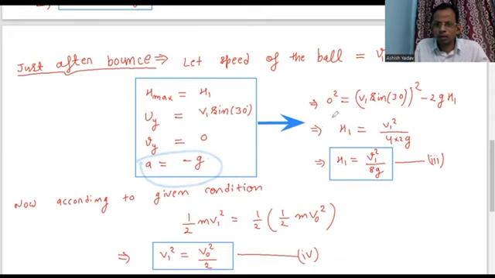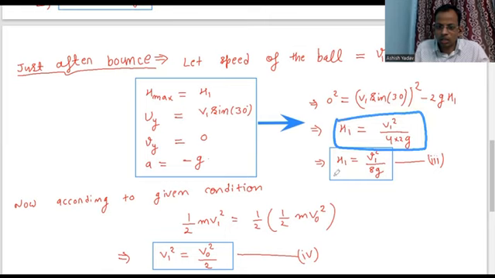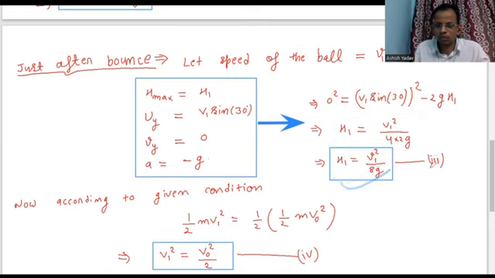Applying this data in the third equation, 0 equals v1 sine 30 squared minus 2g h1, where the maximum height is h1. On solving, we get h1 equals v1 square upon 8g. Let's suppose this is equation 3.